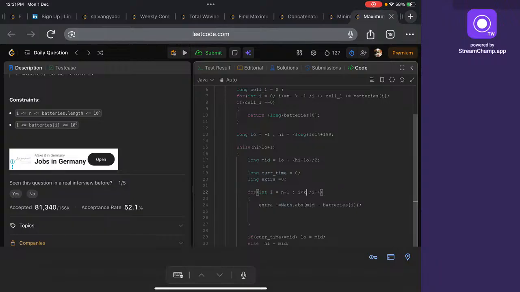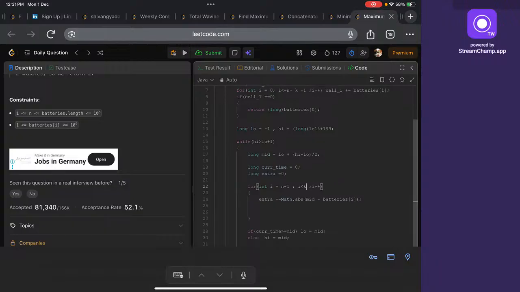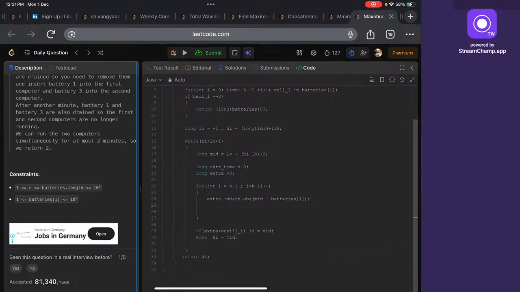Now if we iterate for the whole minute, we make sure that extra is less than or equal to cell size, the cell of 1. These are the extra amount.